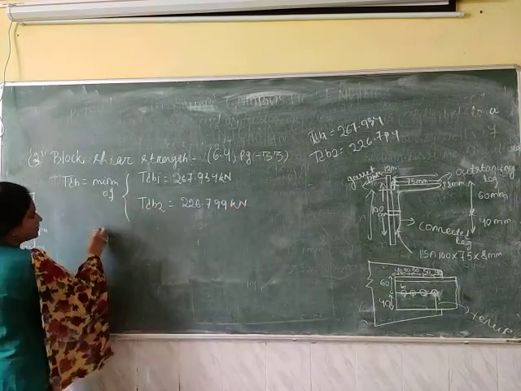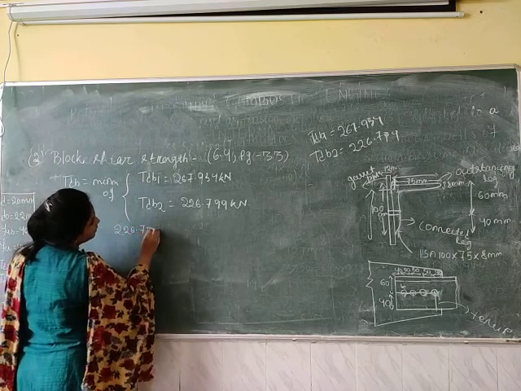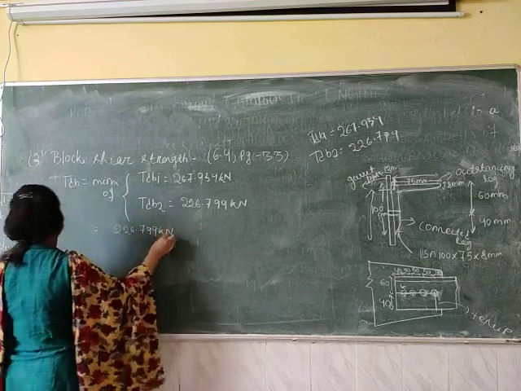So the minimum value is 226.799 kilonewton.